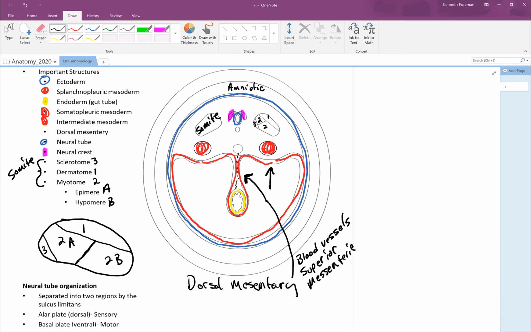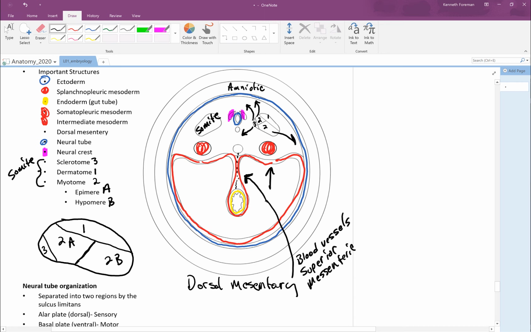So epimere, well, let's step back. If we think about the sclerotome, it's going to basically migrate around the spinal neural tube and become our skeleton. Our myotome is going to migrate to A, will go posteriorly and develop the erector spinae muscles and the transversospinalis group muscles, all innervated by dorsal rami.